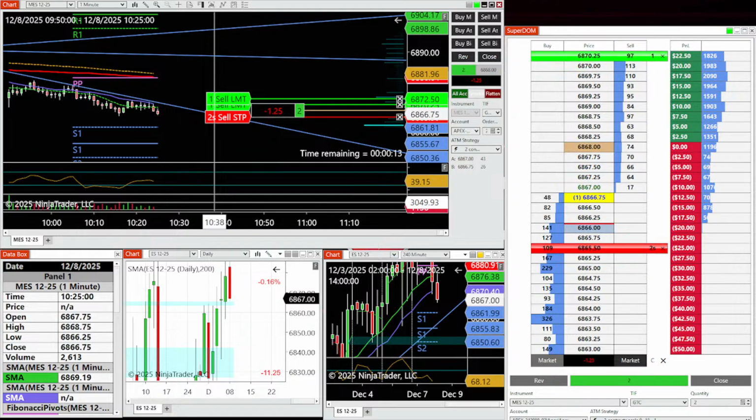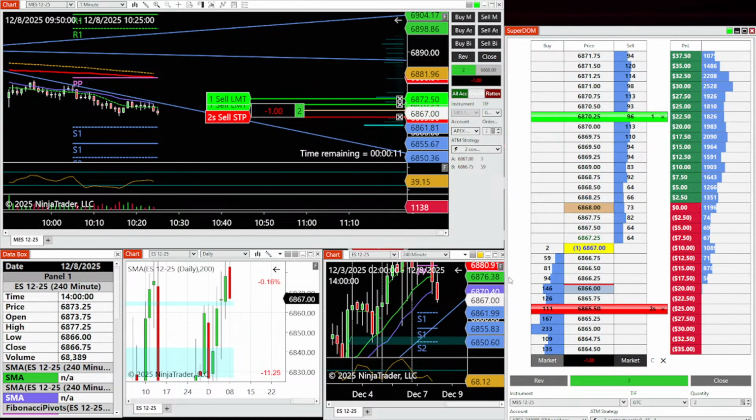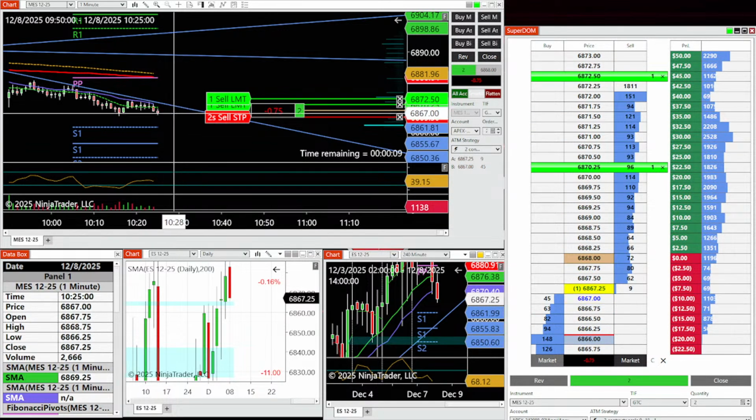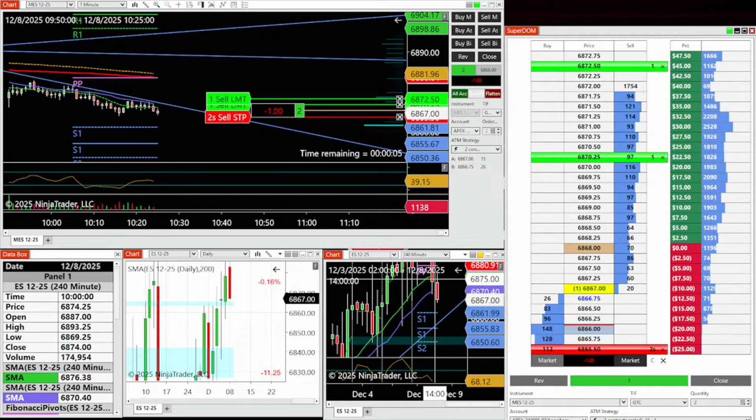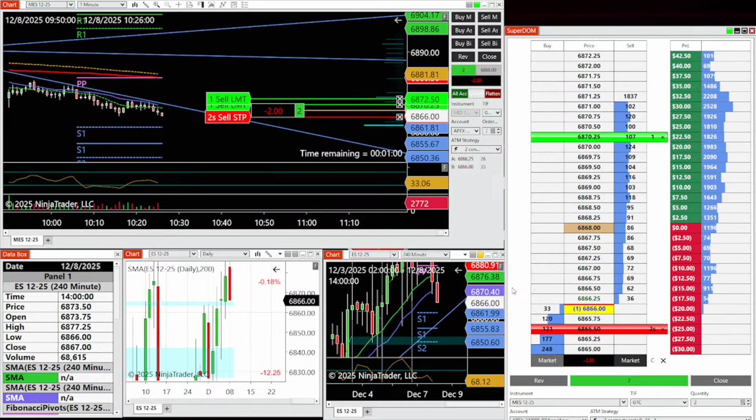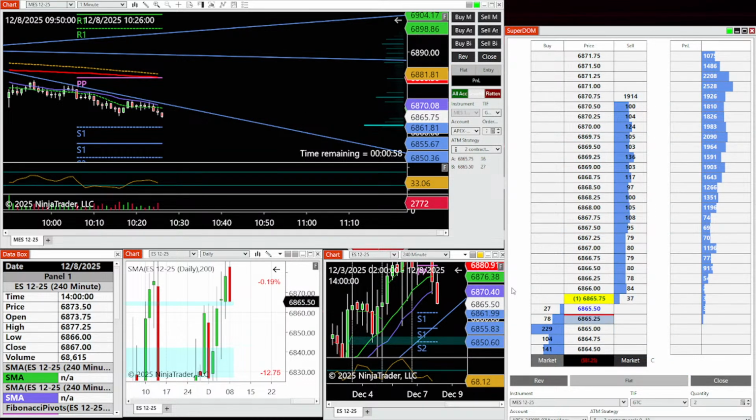I was still going down. Was looking for it to go up for a pop. Little double bottom here. Low 66, maybe a little double bottom. And hold below these lows. Still making lower lows.